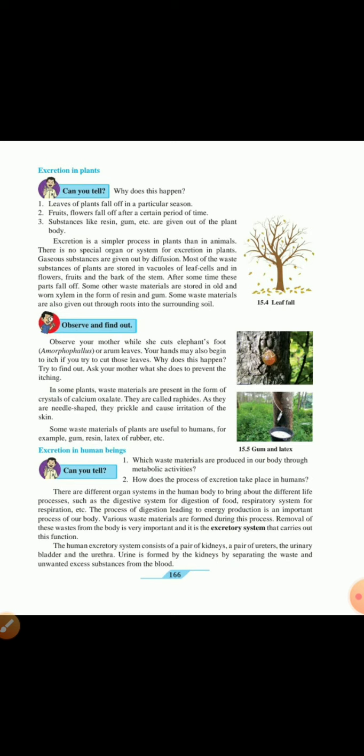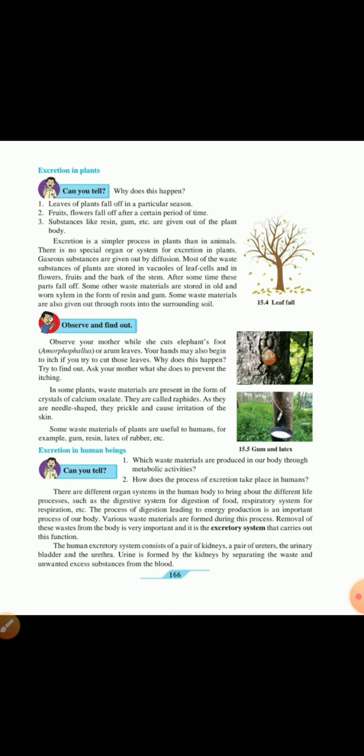Your mummy must be making a nice dish from it. You love to eat it. Your hands may also begin to itch if you cut those leaves. Why does this happen? Try to find out. Ask your mother what she does to prevent the itching.